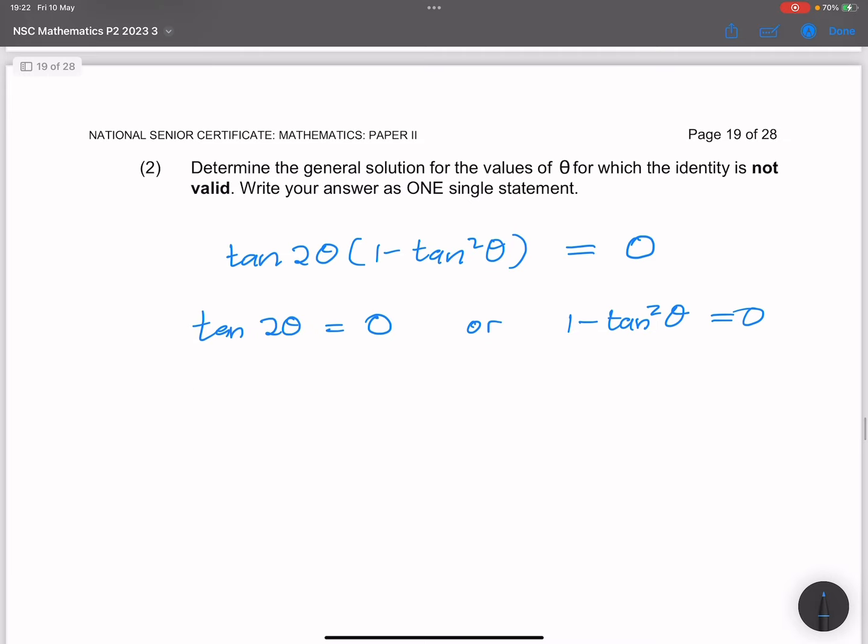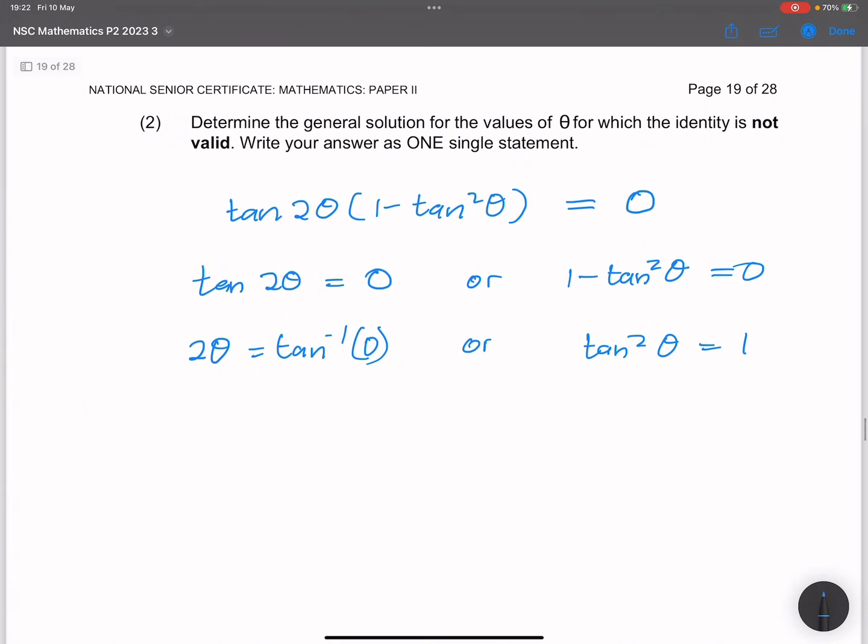So 2 theta is equal to the arctan of 0, or in this case, tan squared of theta equals 1.